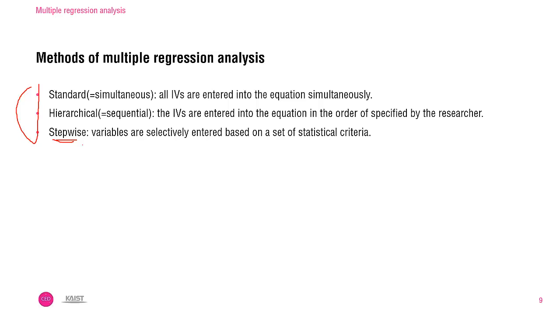So let's check one by one from the standard method. In standard multiple regression, all the independent variables are entered into the equation simultaneously. Each independent variable is evaluated in terms of its predictive power over and above that offered by the other independent variables.